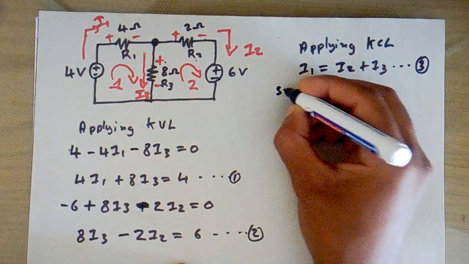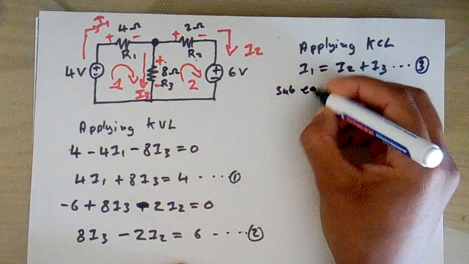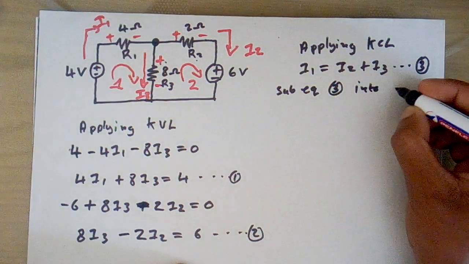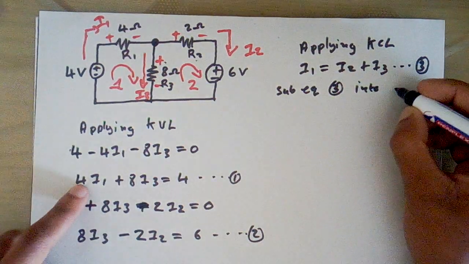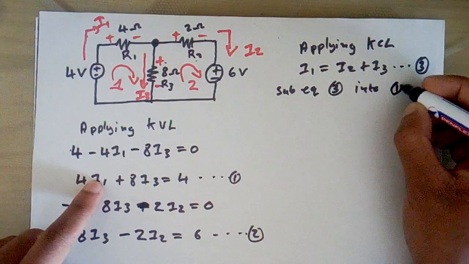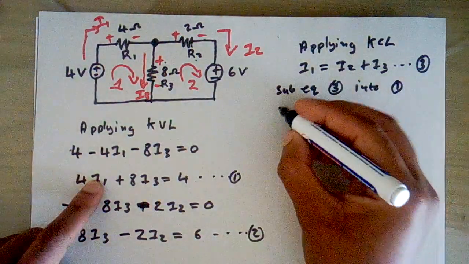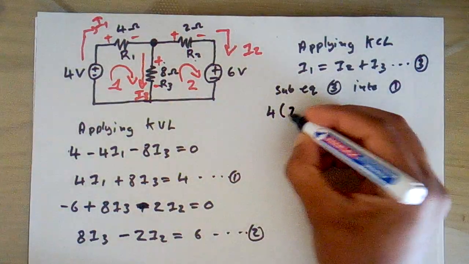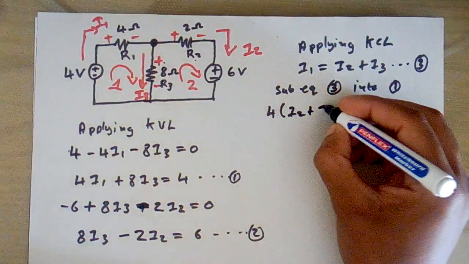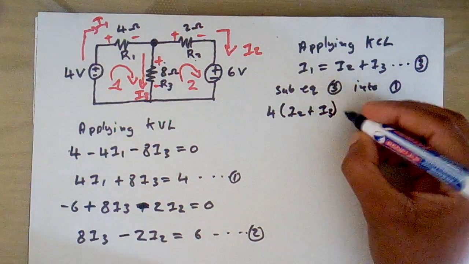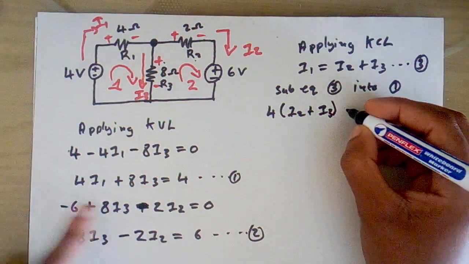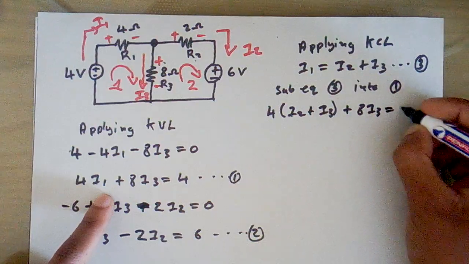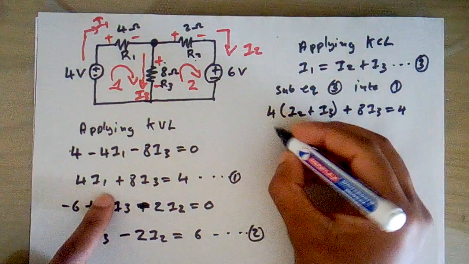Then by substituting equation 3 into equation 1, since we have I1 there, you're going to have 4 times (I2 plus I3) plus 8 I3 equals to 4.